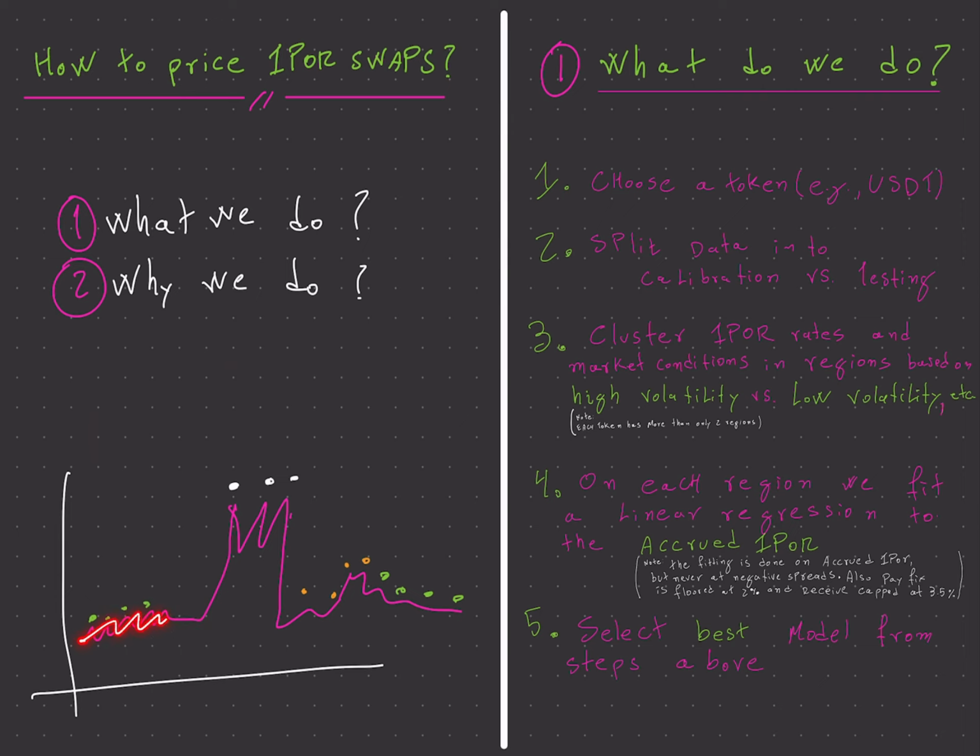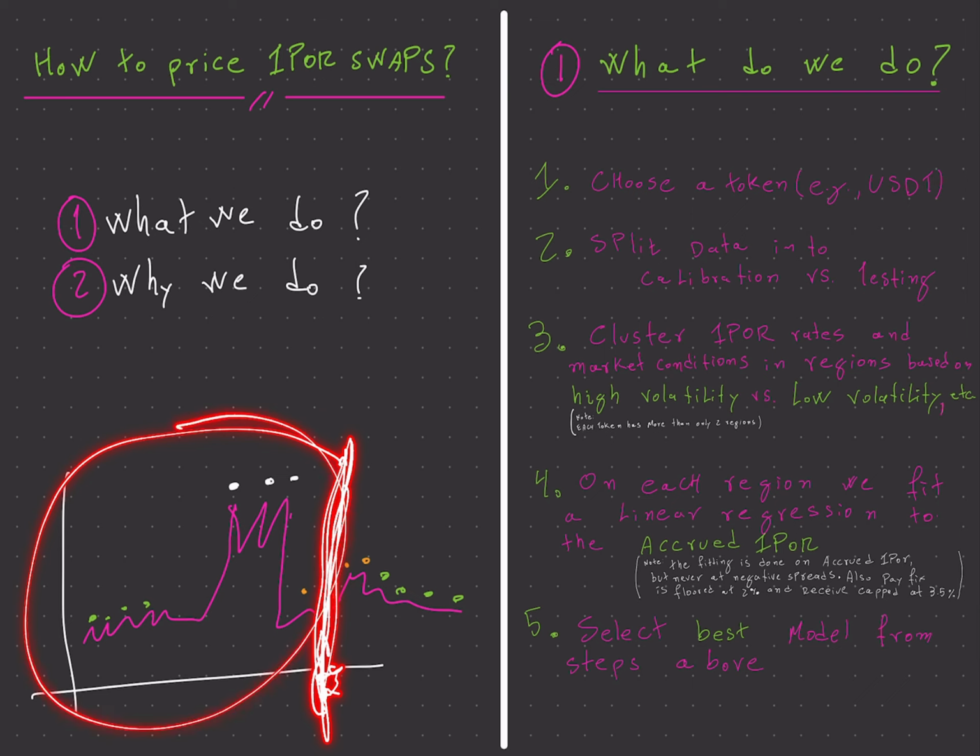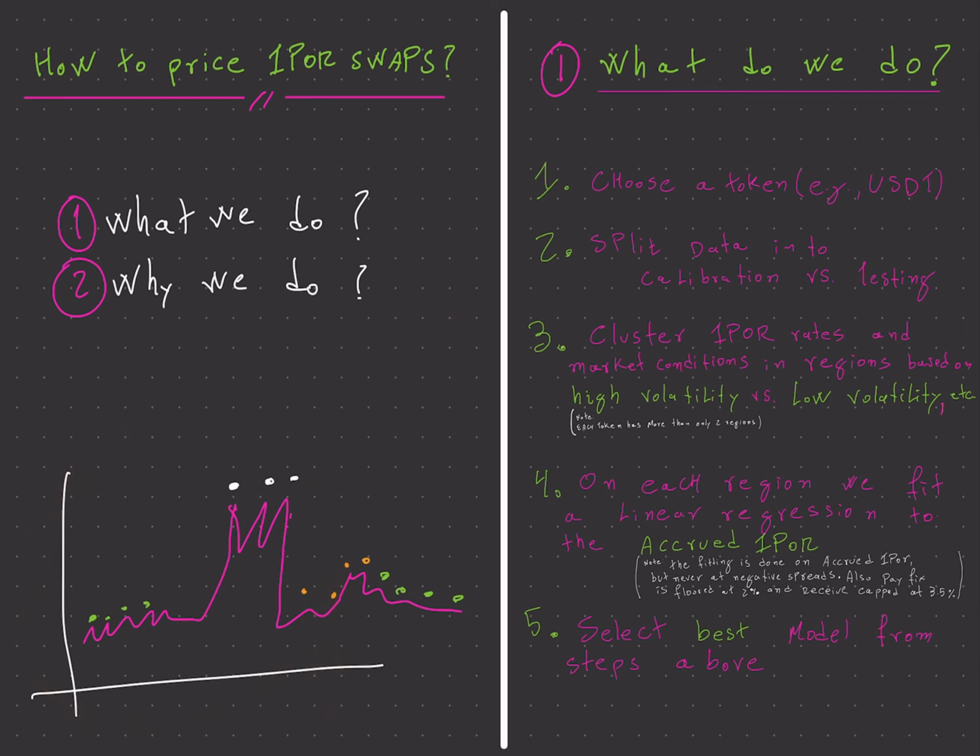USDT usually has somewhat well-behaved IPOR rates, then jumps to very high and then goes down. USDT is really famous for these spikes on the rates. What we do on this split is very straightforward. We find a point in time where we use the past to do the calibration, and then we use this piece of the data for testing as the sanity check piece of the modeling. So that's step 2.